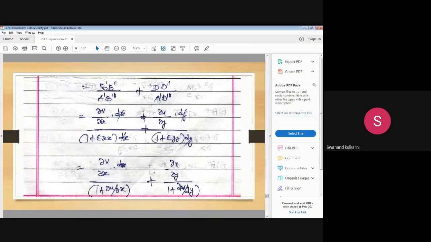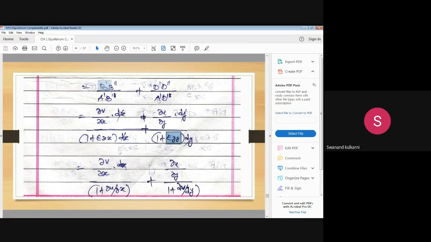Similarly, a'd' is 1 plus epsilon yy dy, where epsilon xx represents the strain along x direction, and epsilon yy represents the strain along y direction. Is it okay? So, in simple manner, this equation has been put here.